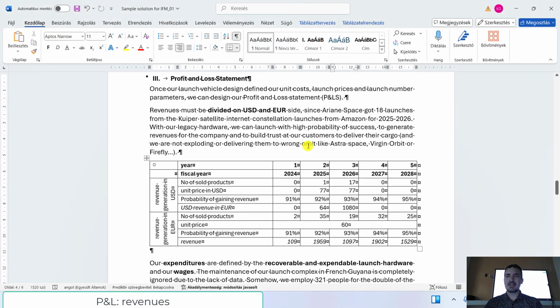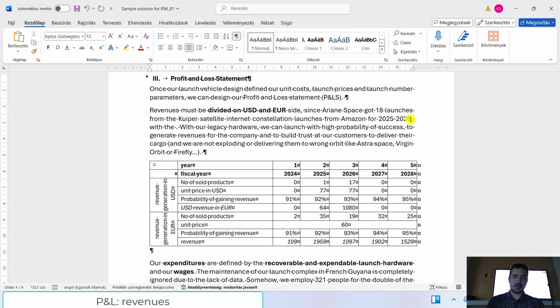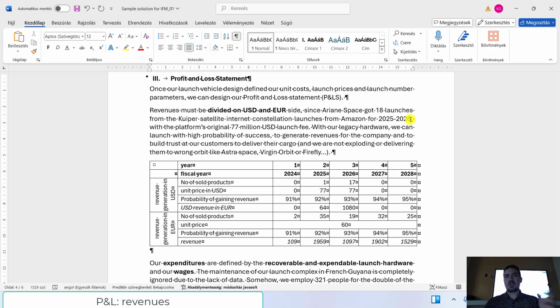Or we are just expecting that maybe that can be the reason, that originally Ariane 6 was priced at 70 euros, so this can be the reason why I tried to include this one.